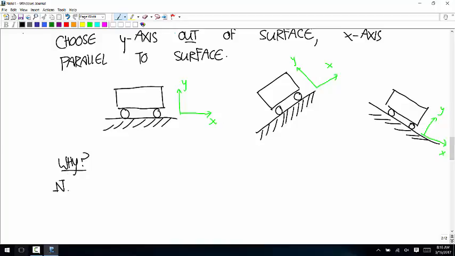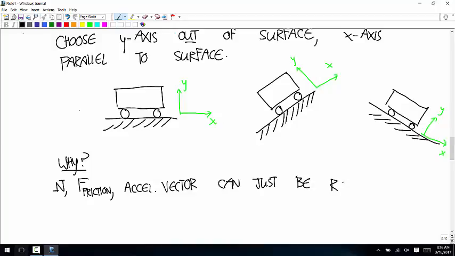The normal force, the force of friction, and the acceleration vector, if we do it this way, can just be represented by single components. And that's just going to simplify the math.